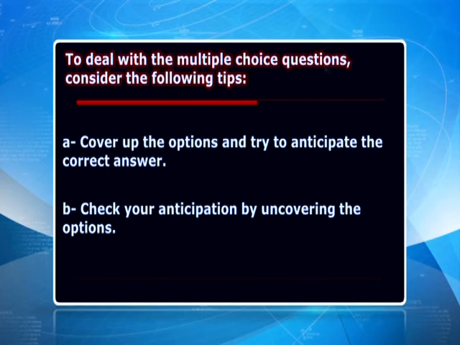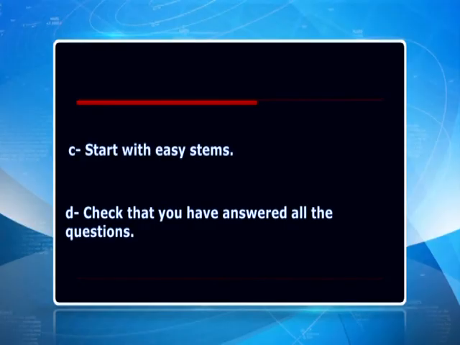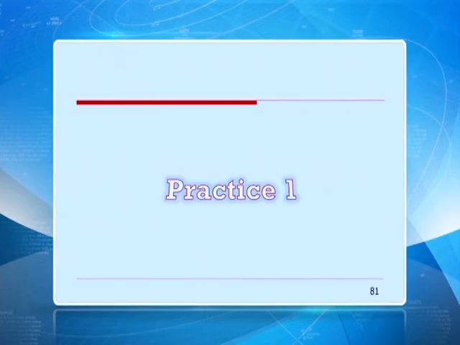Then you have to check your anticipation by uncovering the options. Start with easy stems. Sometimes some sentences are easier than the others, so it's highly recommended that you start with the easiest questions. Check that you have answered all the questions before submitting your paper.